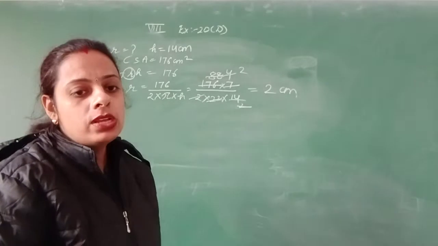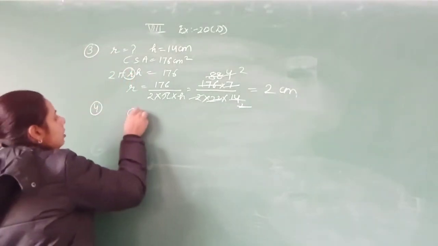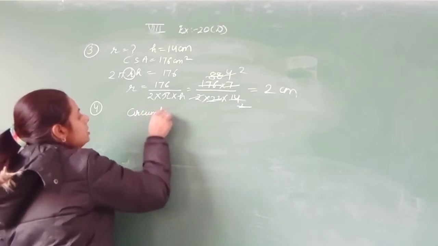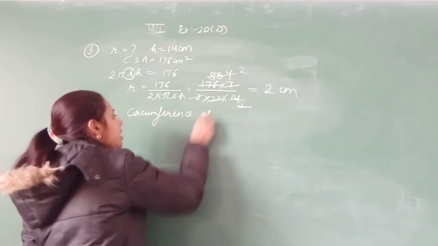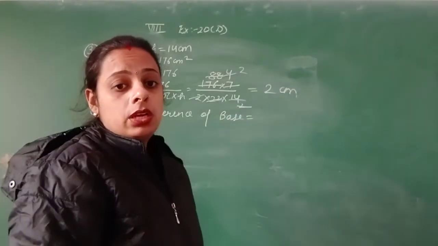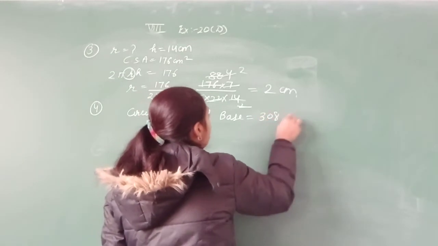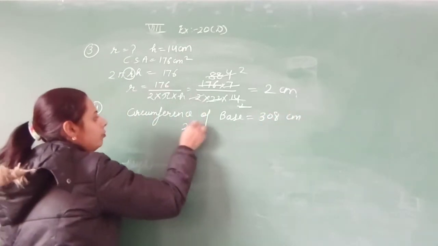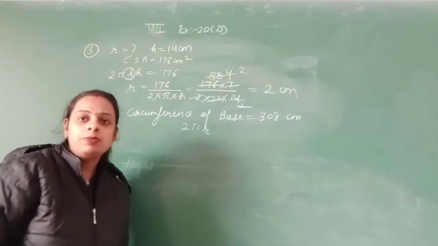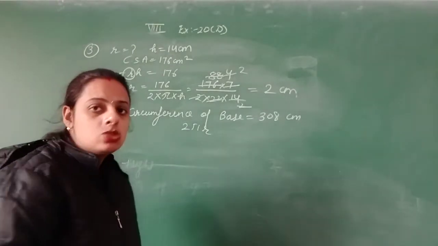So the circumference of the base is 308 centimeter. As you know that the circumference of the base which is circular in shape, so the circumference of the circle is 2 pi r.